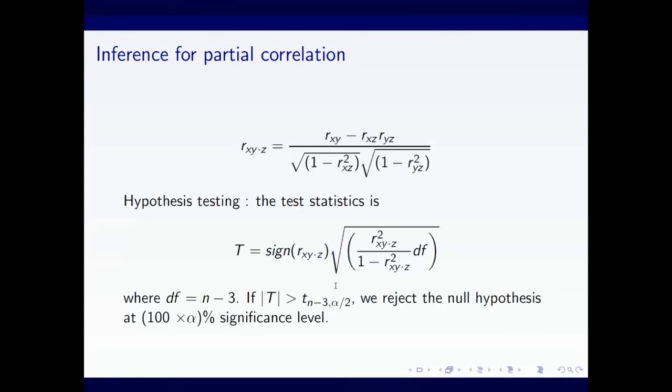Then if the absolute value of t is greater than the t value with n minus 3 degrees of freedom and probability alpha divided by 2, then we reject the null hypothesis at the 100 times alpha percent significance level, where the null hypothesis is that rho xy dot z is equal to 0.